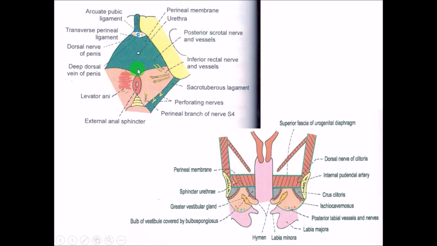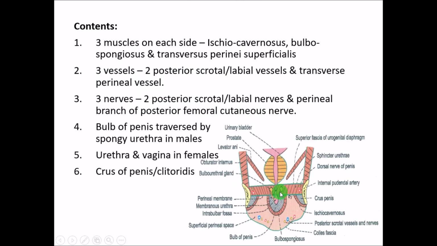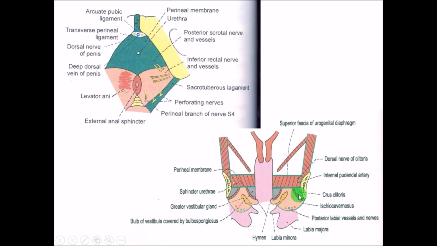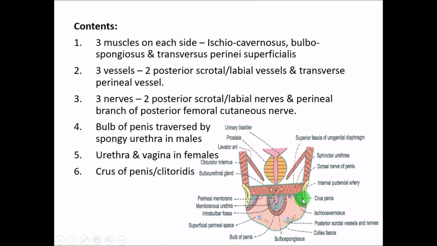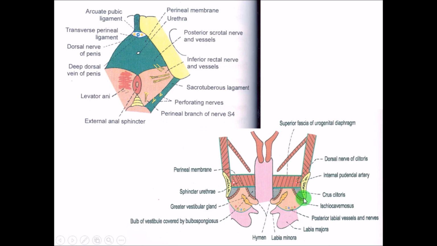This is the anterior triangle, the urogenital triangle, and this is the posterior triangle called the anal triangle. We are talking about this region right now, in the female. We saw this in the male, and now the same section in the female. This is the crus of the clitoris. In the male it was the crus of the penis, and the ischio-cavernous muscle was there. The same ischio-cavernous is here, covering the crus of the clitoris.